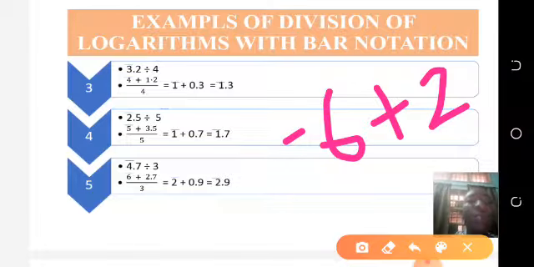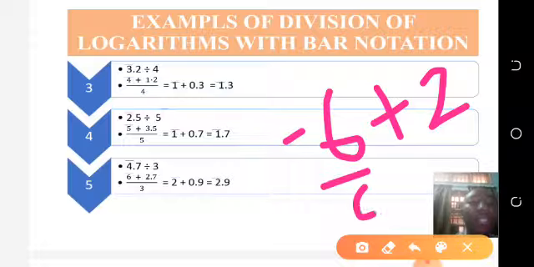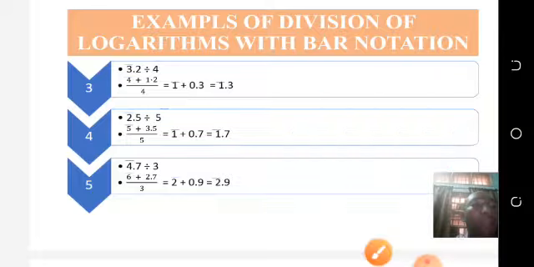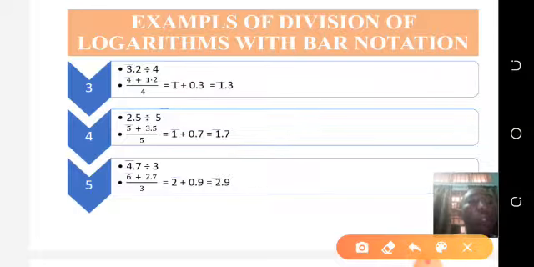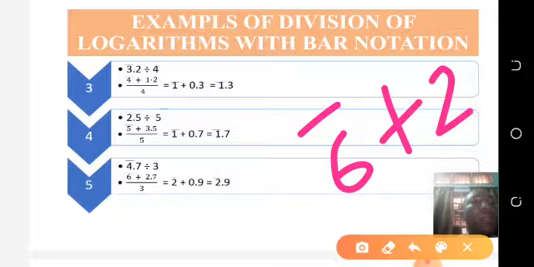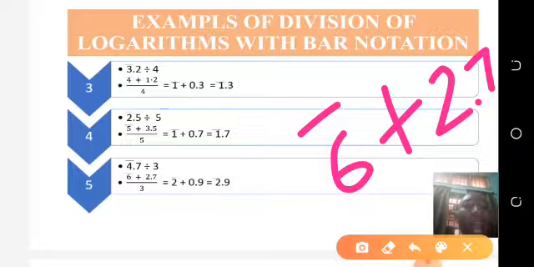That means we can use bar 6 plus 2. And the number at the back is 0.7. So we now have bar 6 plus 2.7.